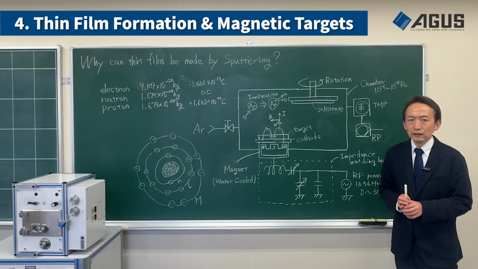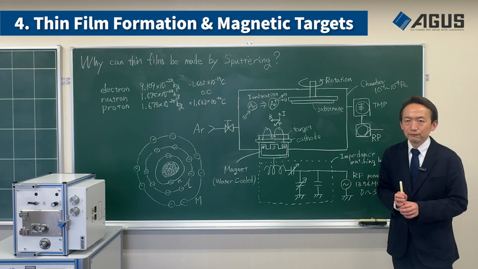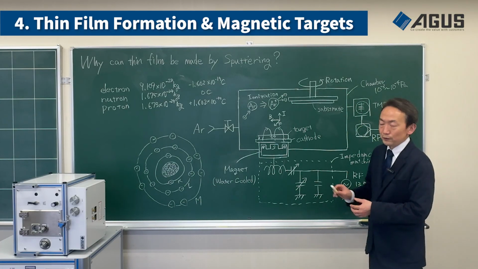For example, if you use a magnetic material like iron or nickel, the magnetic field lines stay inside the target.